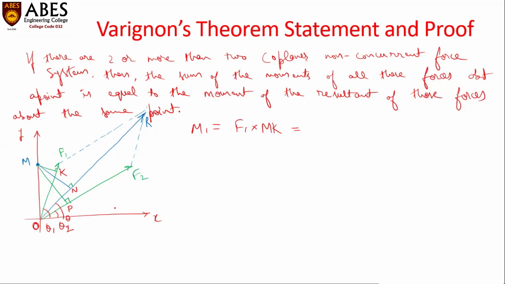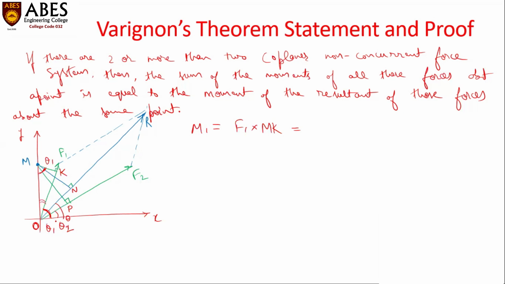How? Let us see. Look at this angle theta1. This angle is theta1. Therefore, what will be the value of this angle? This angle will be clearly 90 minus theta1. Now this is 90 minus theta1, this is 90, so therefore this angle must be theta1. Right?